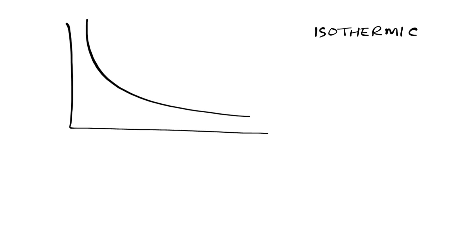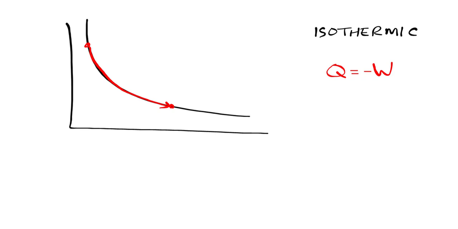So any process that followed this from one point to another and went along the line would be an isothermic process. And because an isothermic process is at constant temperature, that means a constant internal energy, which means that the work and the heat transfer are equal and opposite to each other.